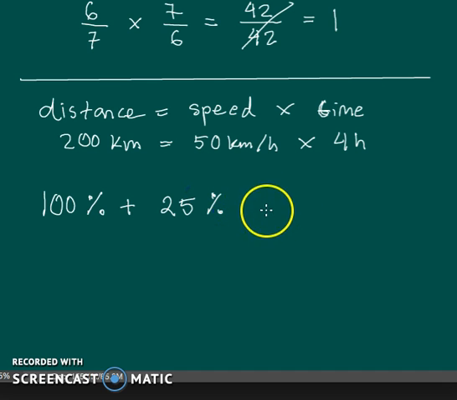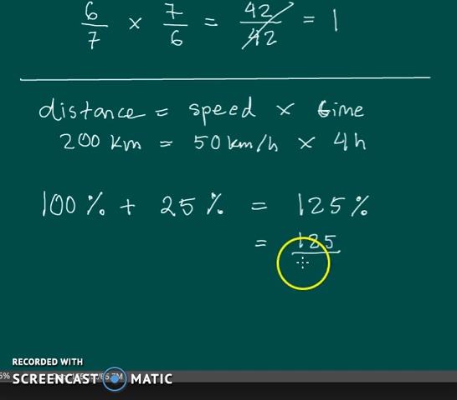So 100% plus 25% is equal to 125%. How do we express that as a fraction? We give it a denominator of 100. 125 over 100. This will simplify to 5 over 4.